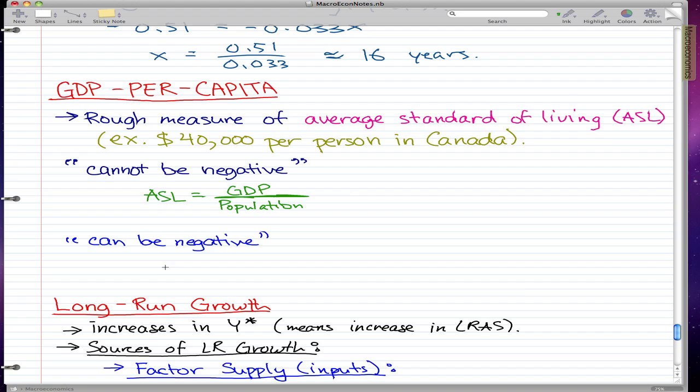What can be negative though is the growth rate, the ASL growth rate. So the ASL growth rate is calculated by having the GDP growth rate minus the population growth rate.